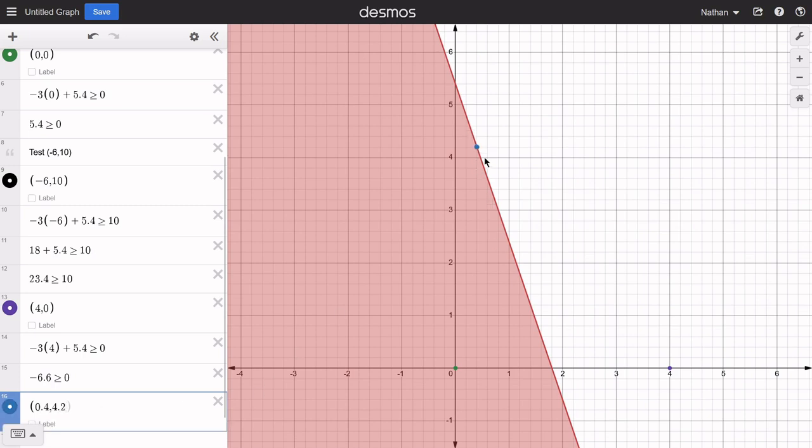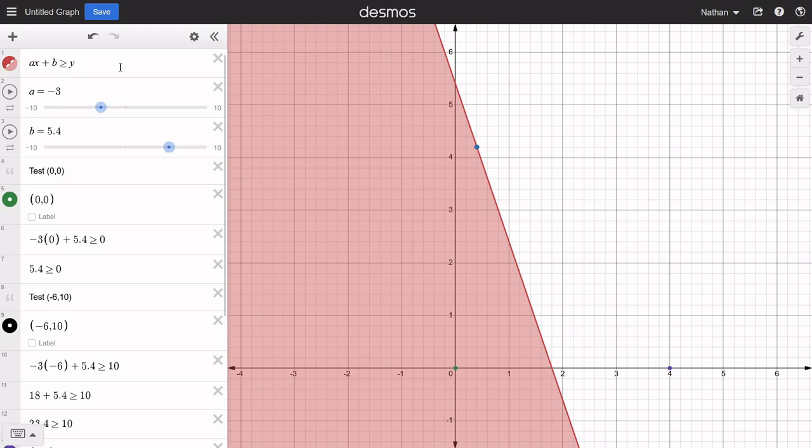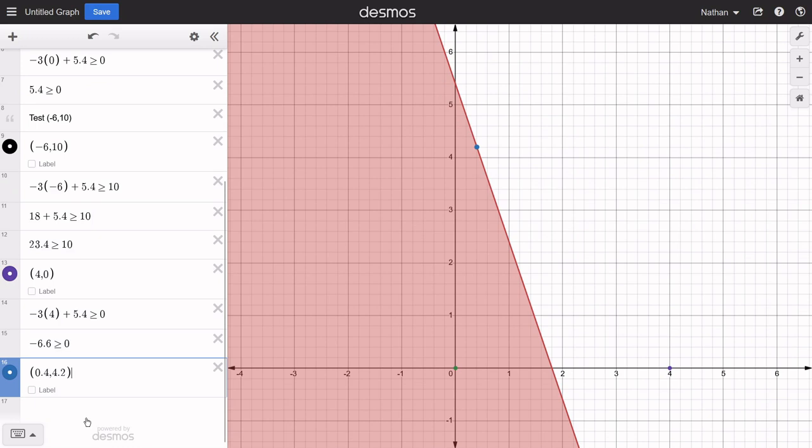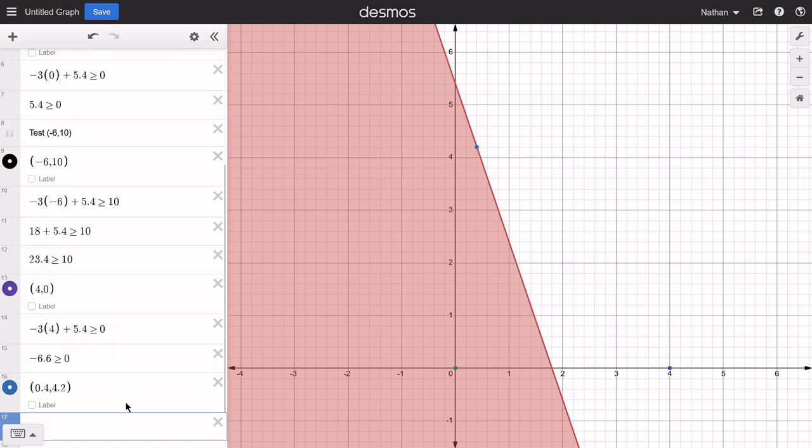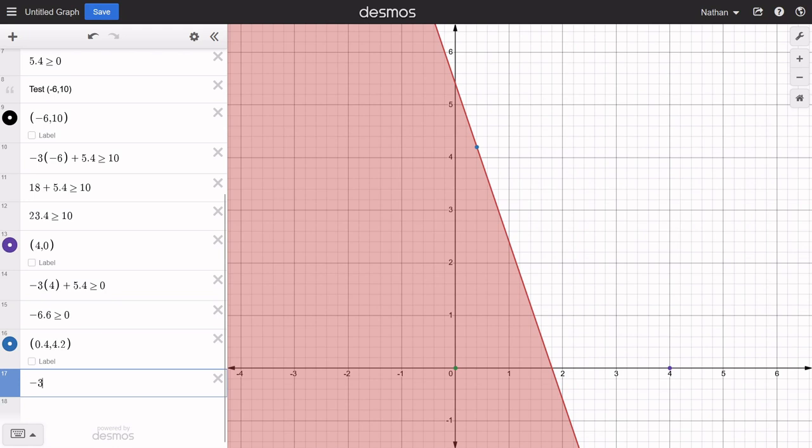That looks to be on the line, and since this is not a strict inequality, this point should pass the test because it is on the line. And let's see, so we can actually see if this is an exact point or not. Let's plug it in and check. Negative 3 times x, which is 0.4, plus 5.4 greater than or equal to y, which is 4.2.